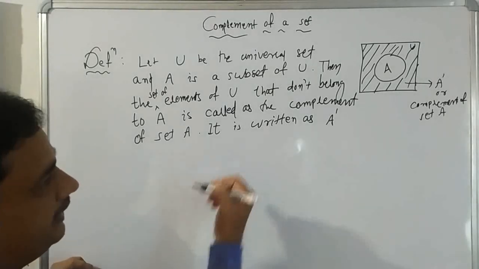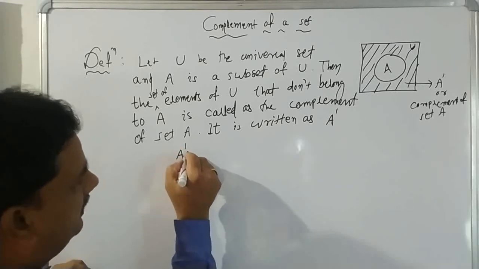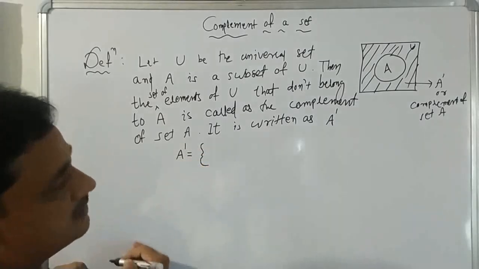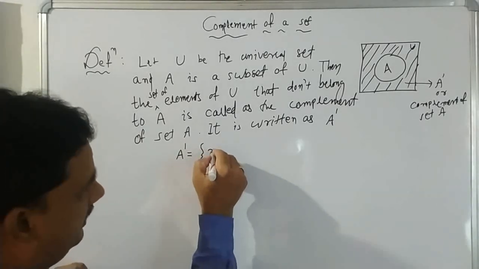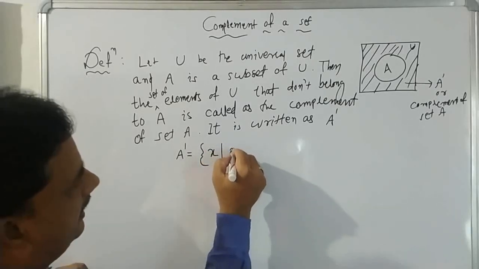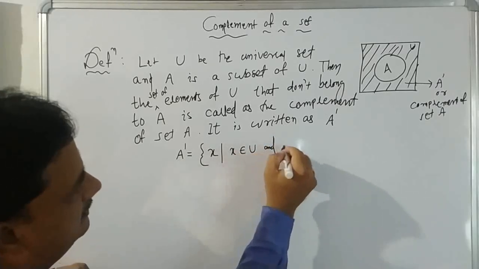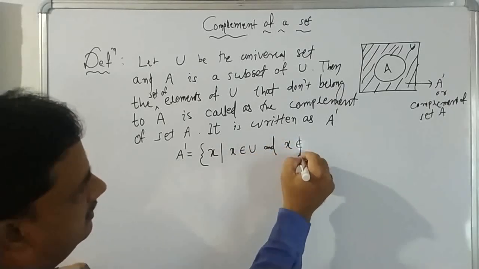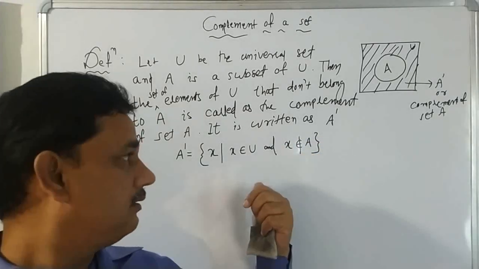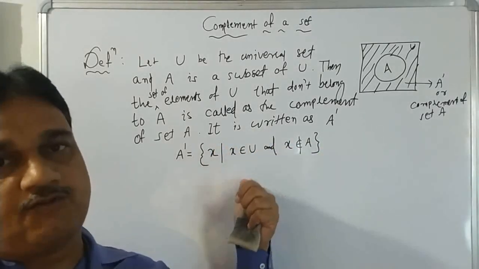Okay, so in set builder form, how can it be represented? A complement is the set of X such that X belongs to U and X doesn't belong to A. This is the set builder form, the definition for the difference of two sets.